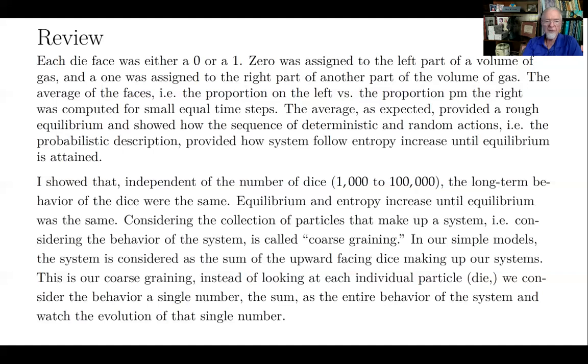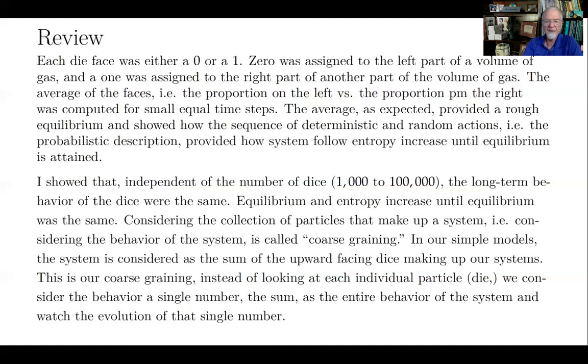Okay, so the average of the faces, the proportion on the left versus the proportion on the right, was computed for small equal time steps. The average, as expected, provided a rough equilibrium. That is, they started out all on one side, and then as they kept interacting with each other, they eventually stabilized at roughly a half, bouncing around it.